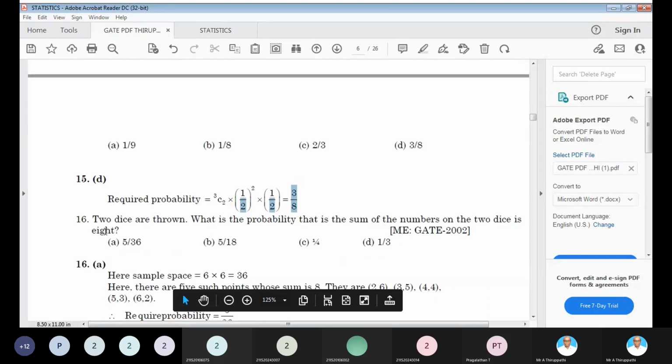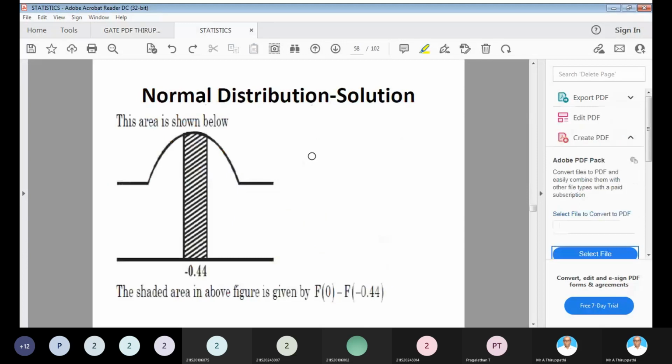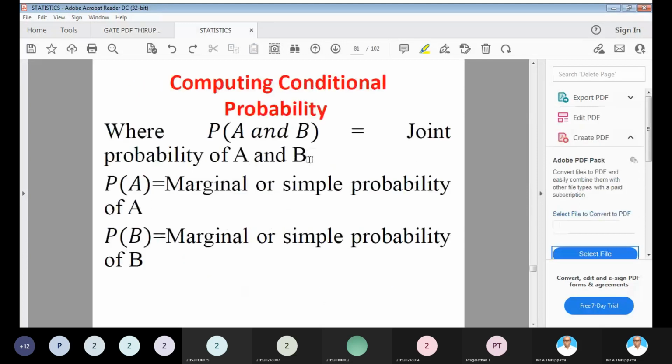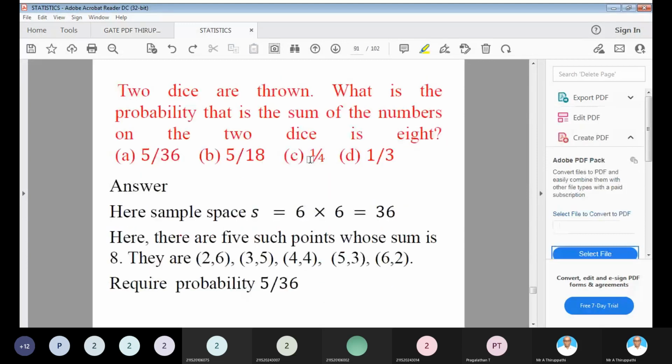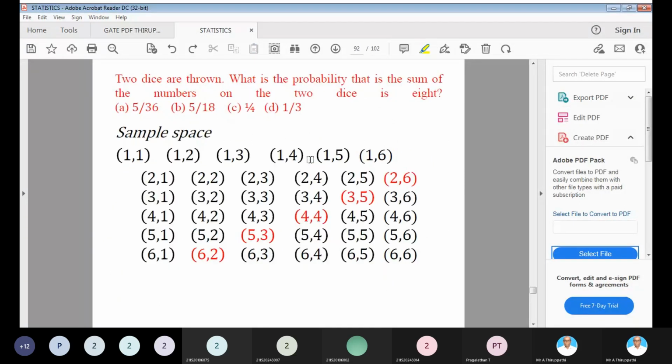Next, 2 dice are thrown. What is the probability that the sum of the numbers on the 2 dice is 8?